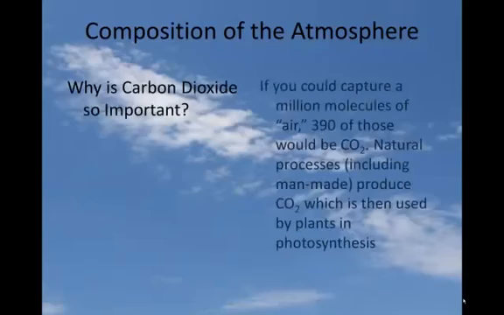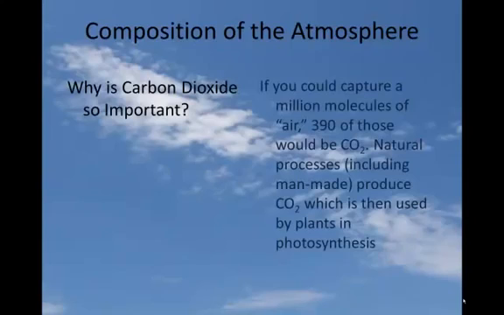Carbon dioxide is another important molecule within our atmosphere. If you could capture a million molecules of air, and that might be kind of hard to do, but if you could capture and count out a million molecules, only 390 of those molecules would be carbon dioxide.